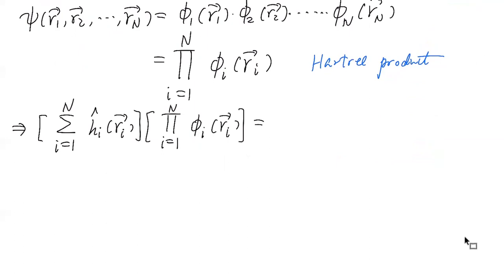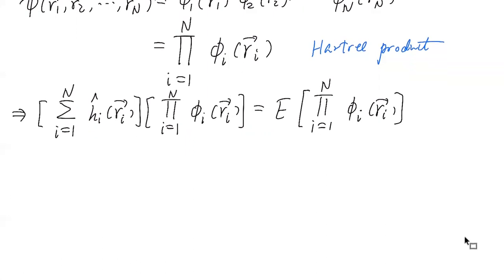This is equal to the eigenvalue times the product of n terms. Remember, because this Hamiltonian only depends on the position of Ri, when you do the partial derivative, this Laplacian operator only acts on the ith electron. It will not act on the other electrons.